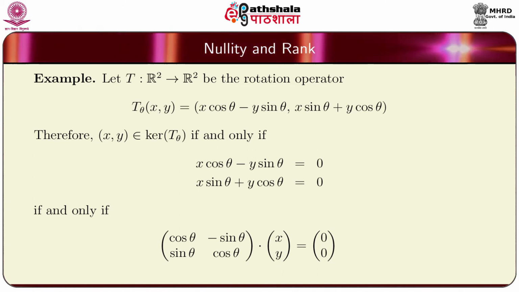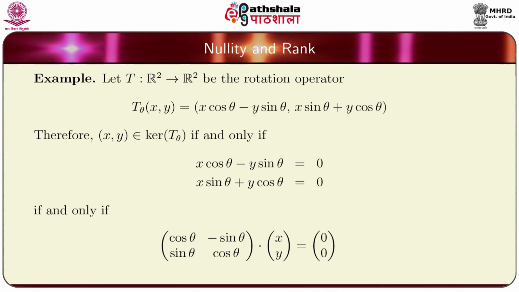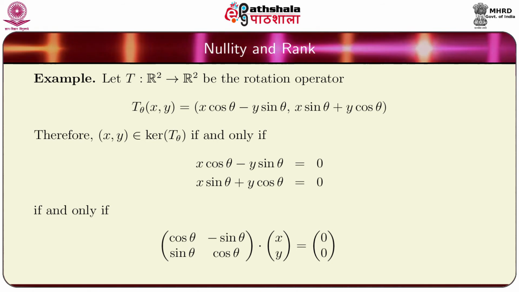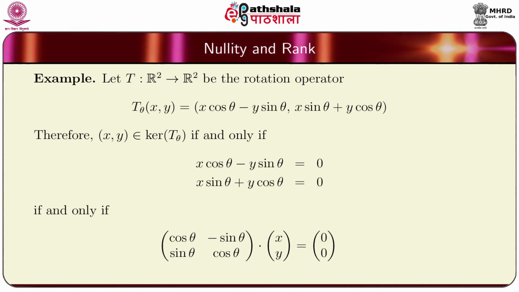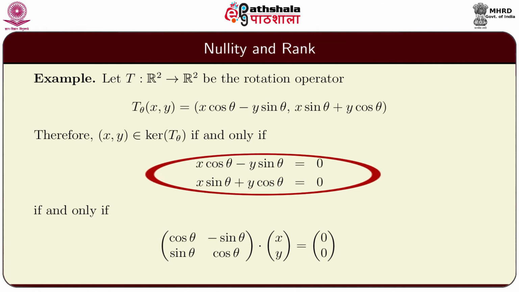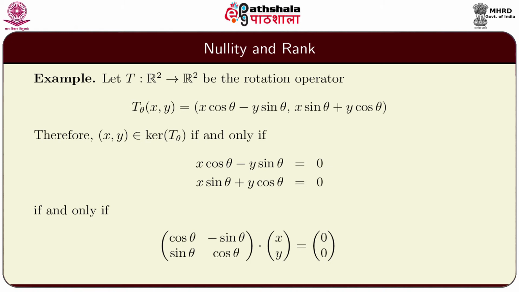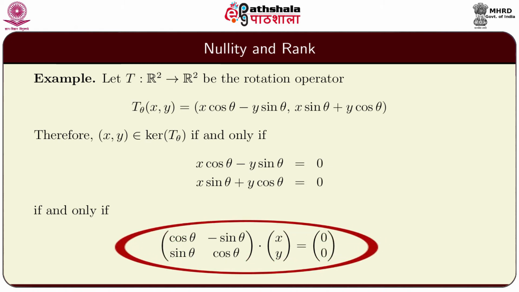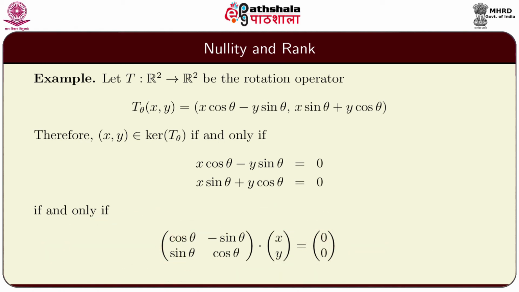Therefore, a vector (x, y) belongs to the kernel of T theta if and only if T theta of (x, y) is 0. That means x cosine theta minus y sin theta should be 0 and x sin theta plus y cosine theta should be 0 simultaneously, which can be written in matrix notation as the matrix [cosine theta, minus sin theta; sin theta, cosine theta] multiplied by (x, y) is (0, 0).